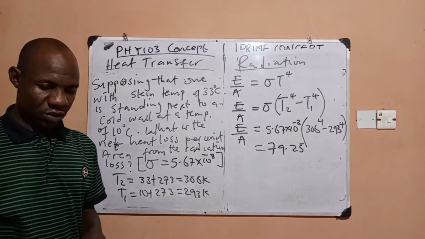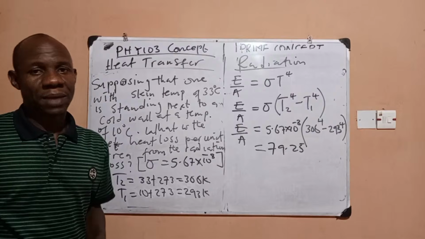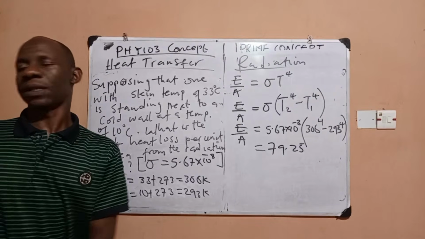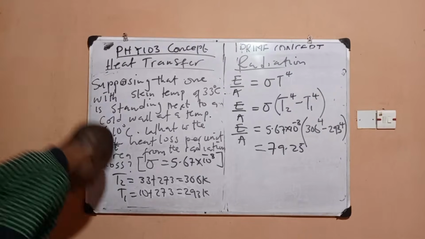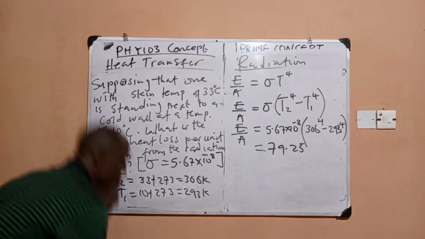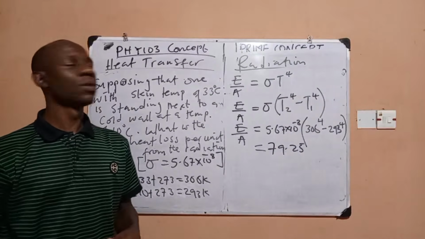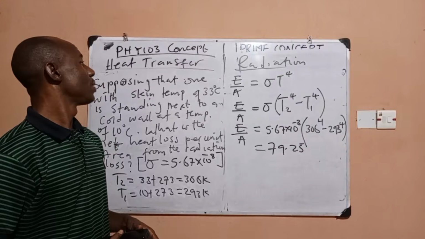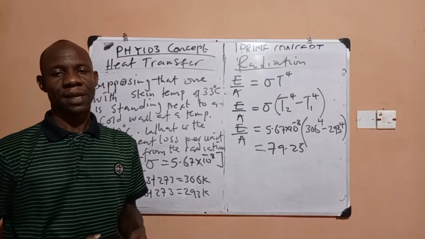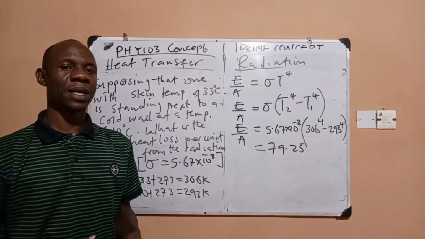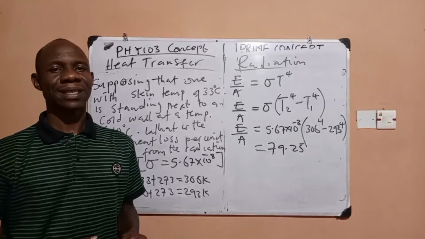I have two topics in mind because I need to end the class so that I would rest and you would also rest. I actually only wanted to do heat capacity and latent heat and stop there. But some of you are saying thermodynamics.